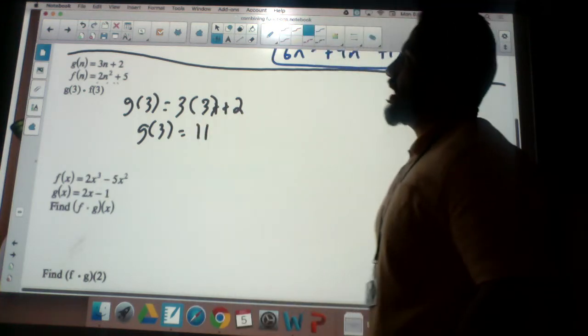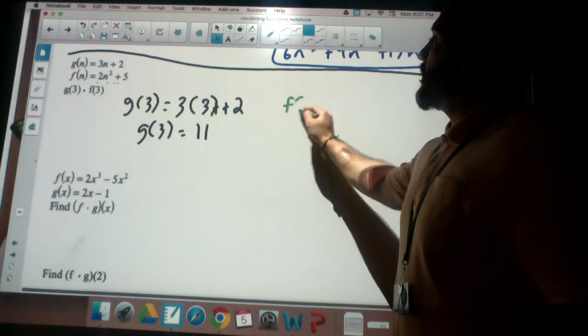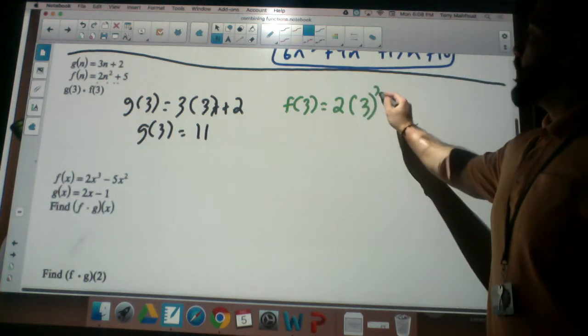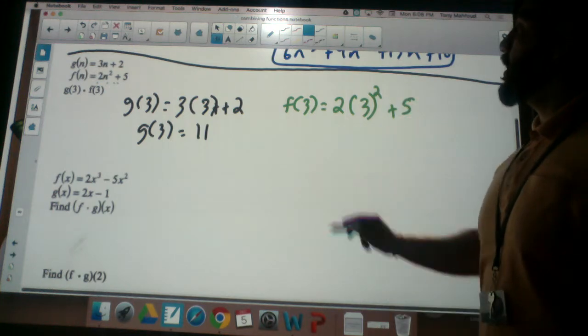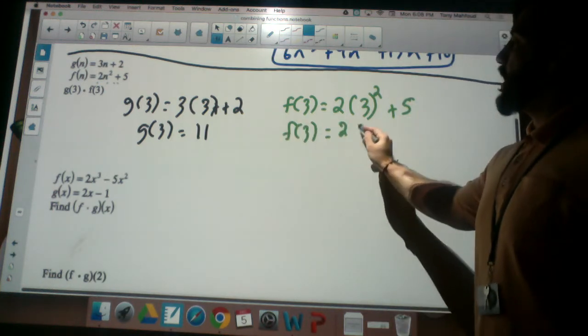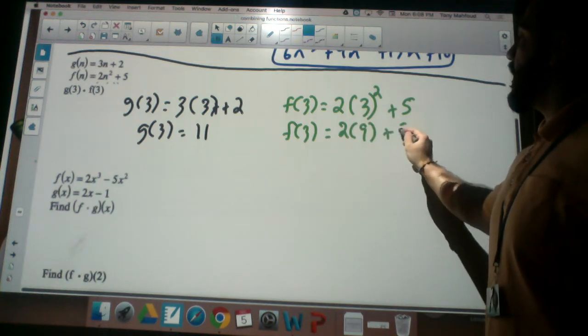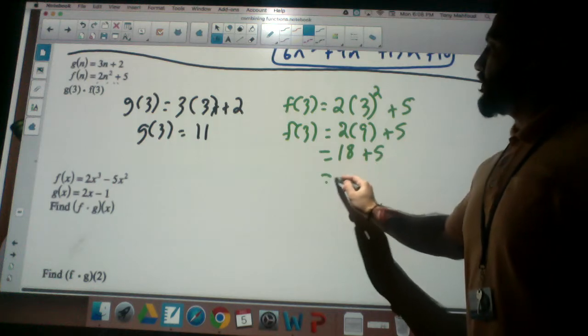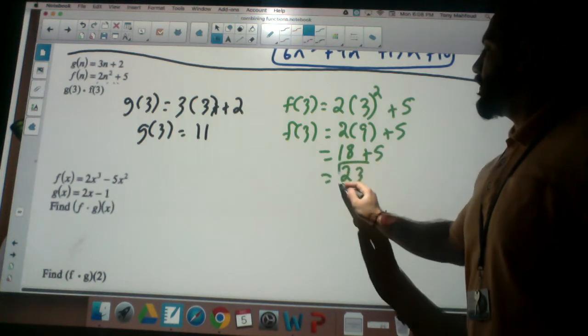Now I can find f of 3, because f of 3 is going to be 2 times 3 squared plus 5, which gives me 2 times 9 plus 5, which is 18 plus 5, which gives me 23.